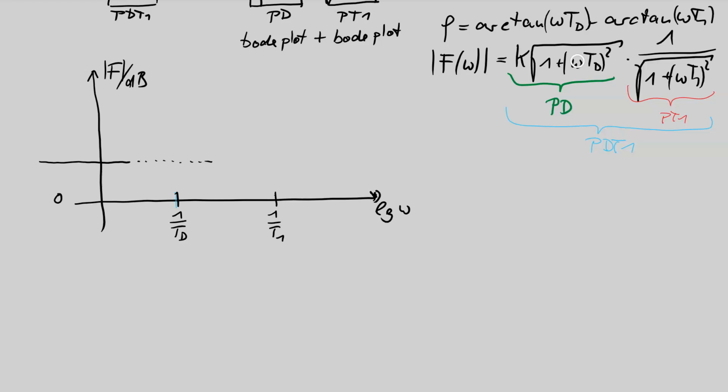In the case that omega TD is larger than 1, we have the magnitude function K times omega times TD. And this, we already know, is an increase with plus 20 dB per decade.